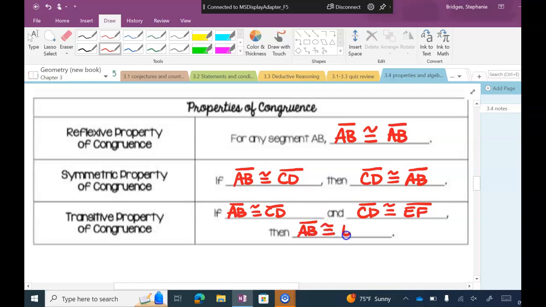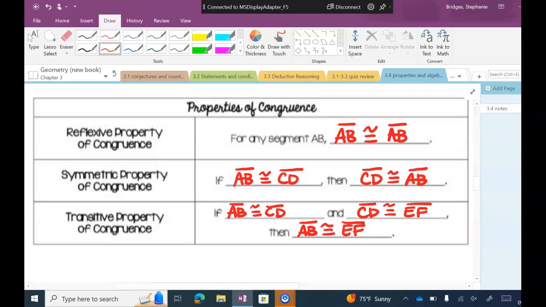Yes, segment AB is congruent to segment EF. They are both congruent to segment CD, so therefore they can be congruent to each other. Anybody have any questions?